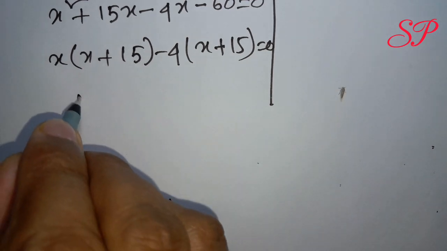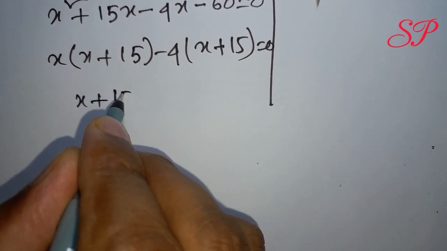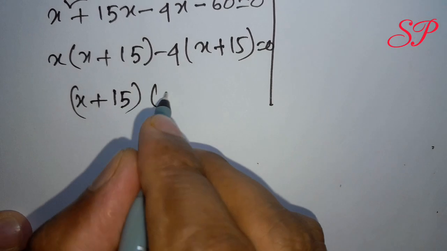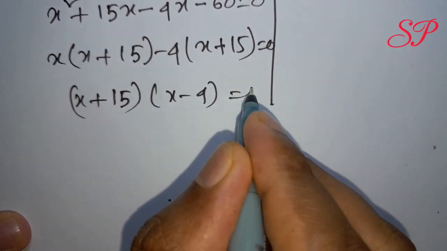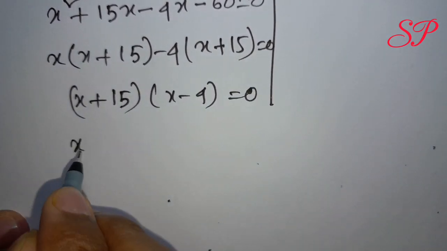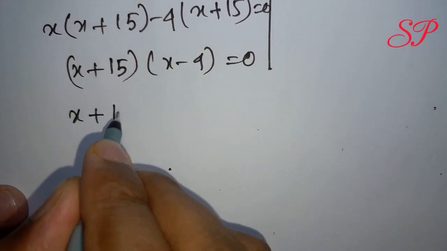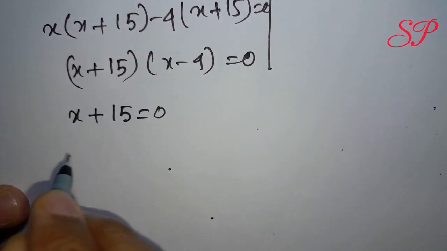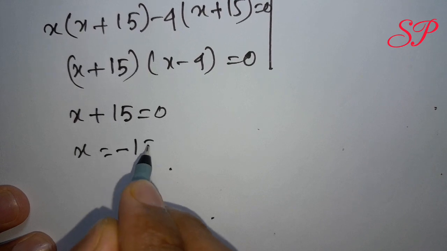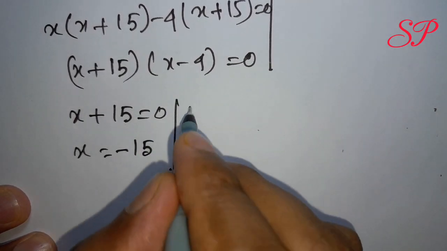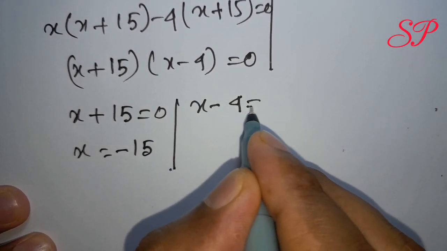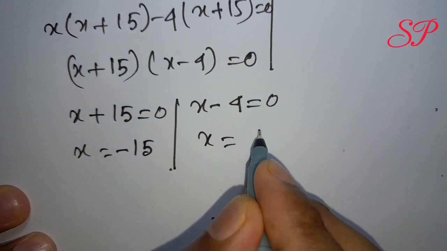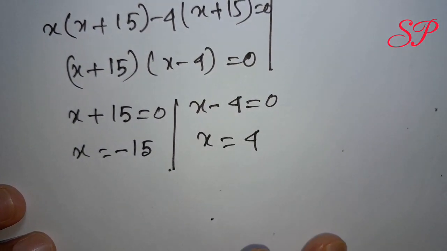Here x plus 15 is common: (x plus 15)(x minus 4) is equal to 0. x plus 15 is equal to 0, so x is equal to minus 15. x minus 4 is equal to 0, so x is equal to 4.